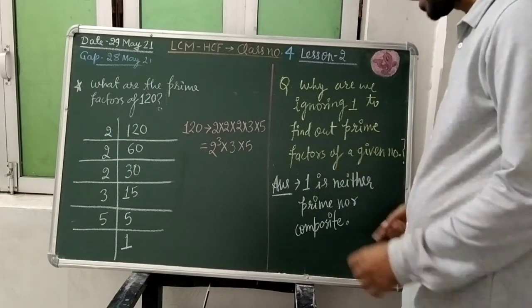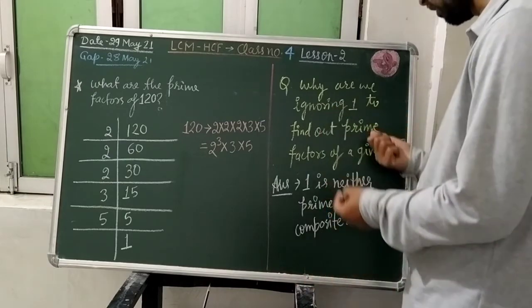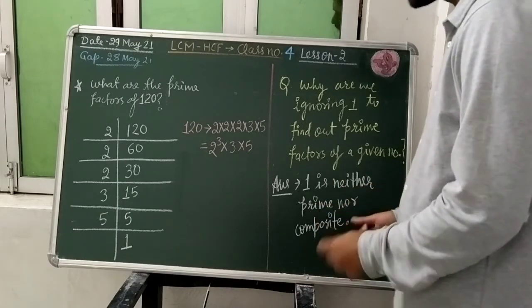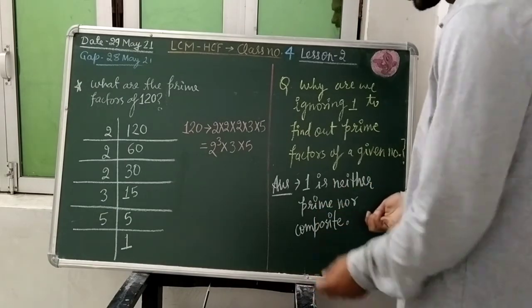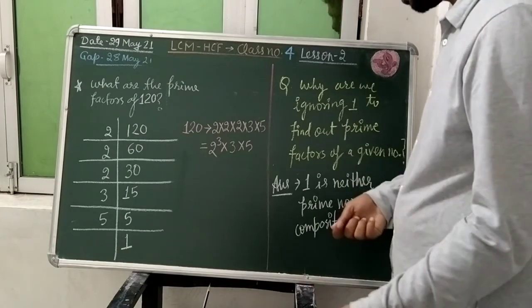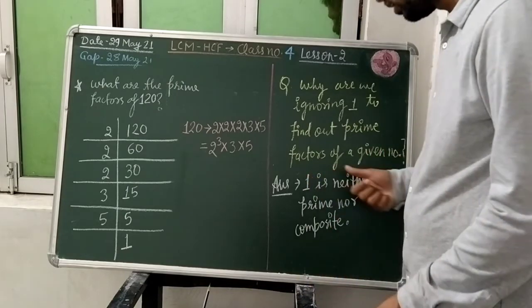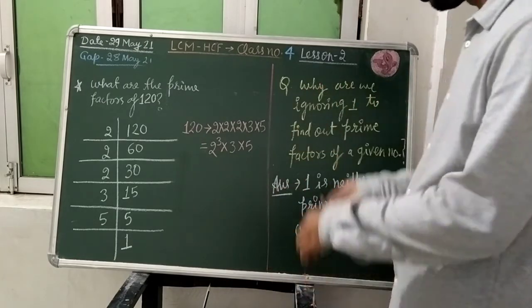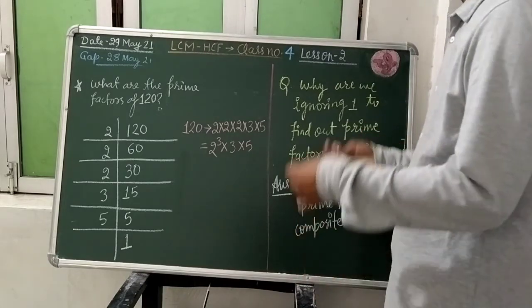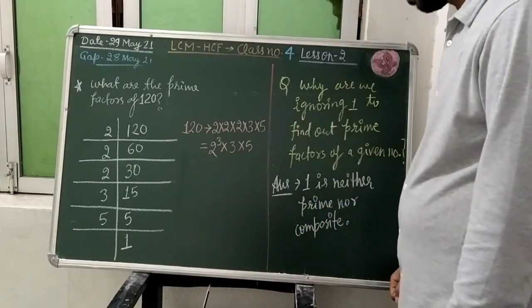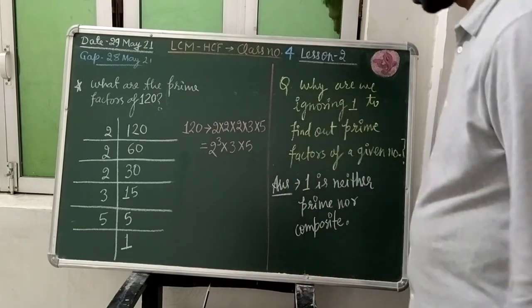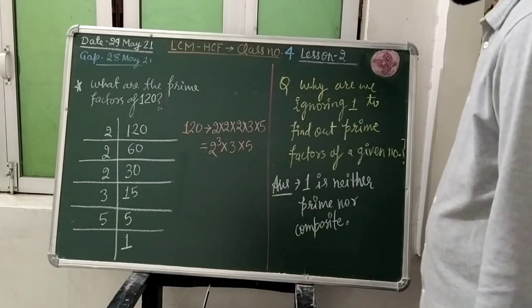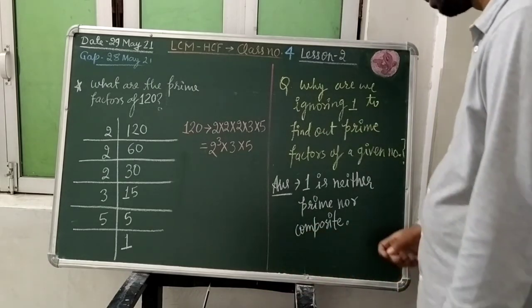So 1 is neither prime nor composite, and if you want to know the prime factors of any number, look, 1 is neither prime nor composite, and we are interested in finding the prime factors of a number. So why will we select 1? As it is neither prime nor composite, and we want to know the prime factors, 1 we will not select. Okay students?